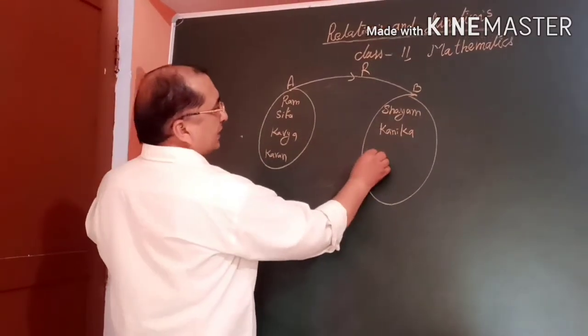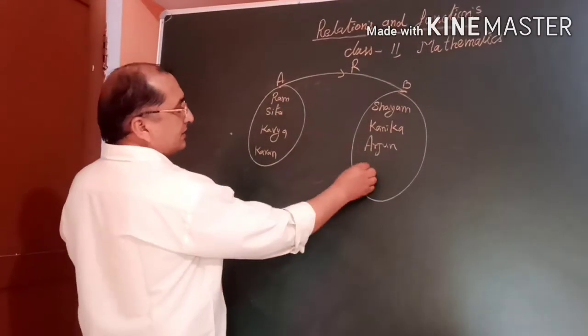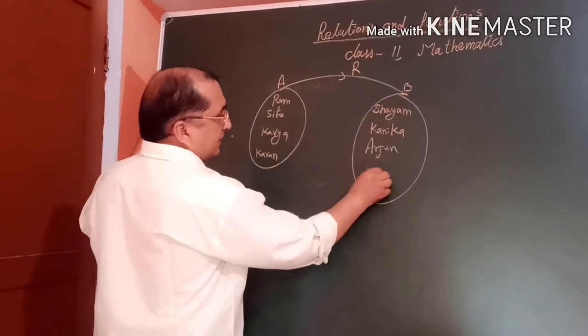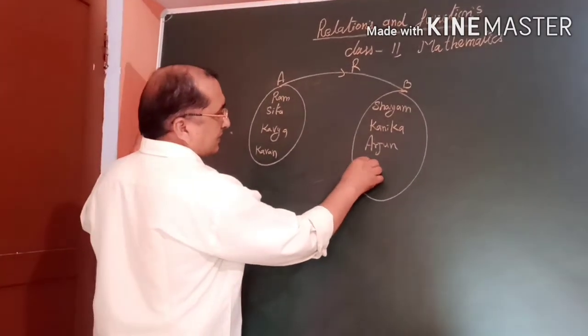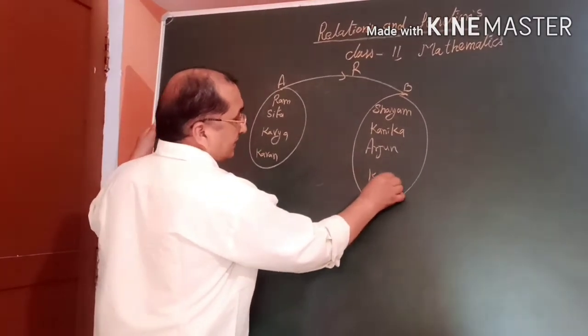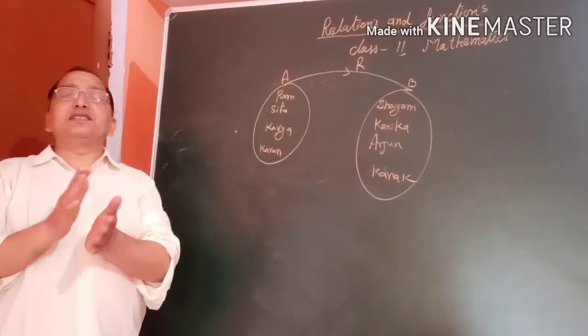One is Arjun and the other is Kanak, suppose.